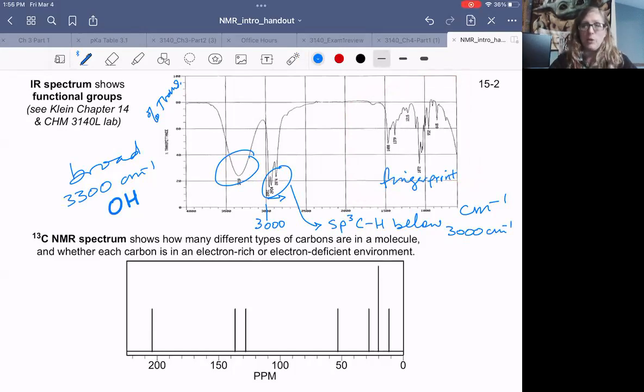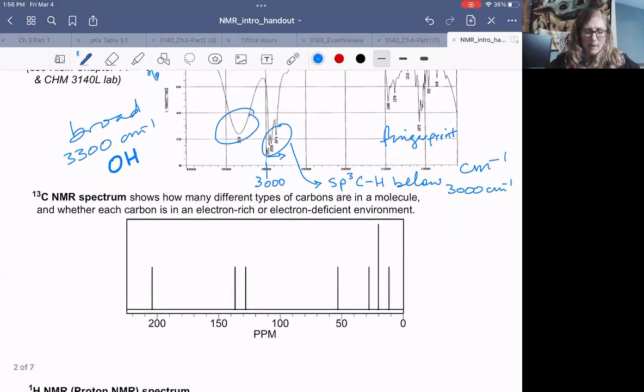So we can use computers to analyze that fingerprint region and analyze the sample and actually identify it as something if it's a known compound that we have in a bank, a spectral bank.